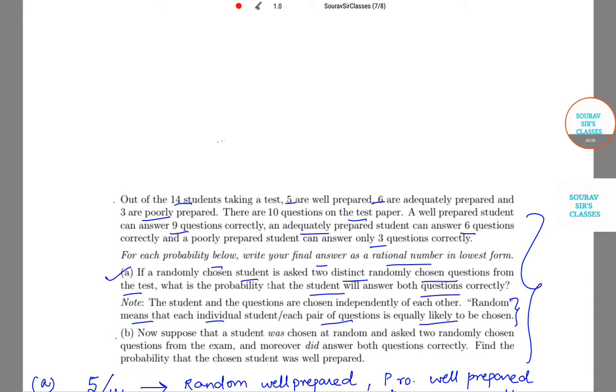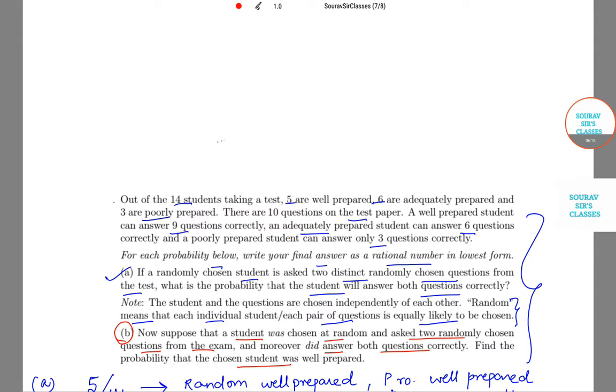Now the next part is, suppose that a student was chosen at random and asked 2 randomly chosen questions from the exam, and moreover did answer both questions correctly. Find the probability that the chosen student is well prepared.